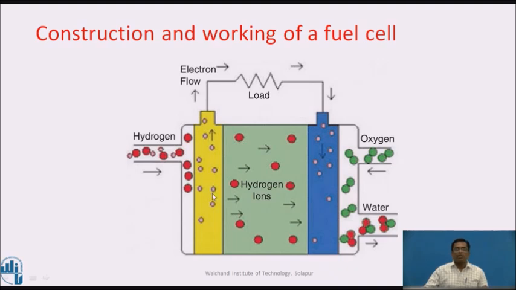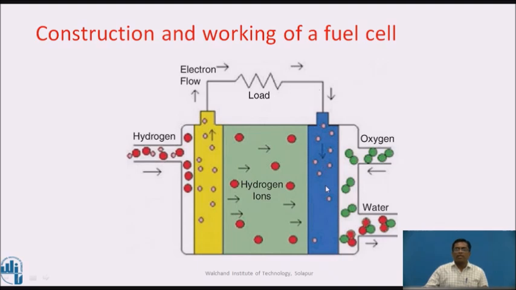The adsorption occurs. Hydrogen starts giving H plus ions and electrons. The electrons migrate through the external circuit towards the oxygen electrode, and the hydrogen ions move towards the oxygen electrode through the electrolyte.